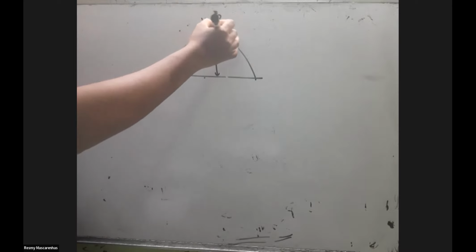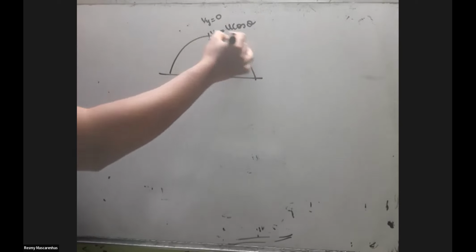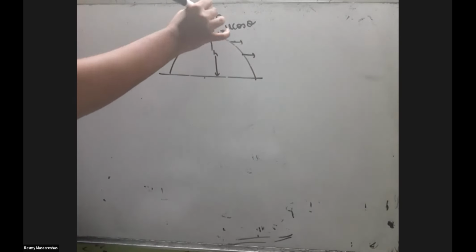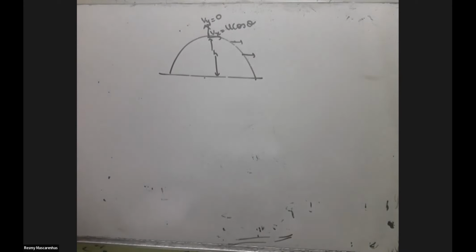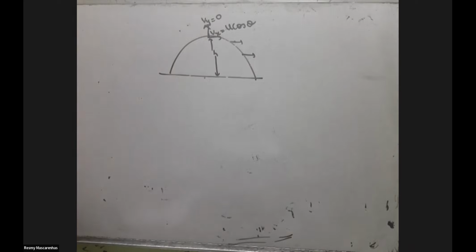At this point, you know that your vertical component is 0 and your horizontal component is always equal to u cos theta. Just now I told you, everywhere horizontal will be u cos theta and vertical would be 0. X means horizontal, y I have represented for vertical.